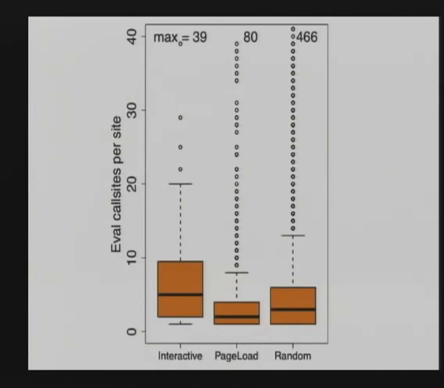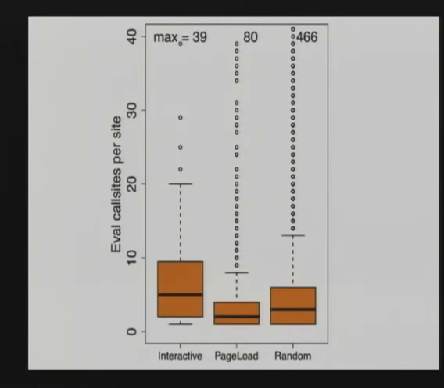And you can see that in the interactive data set, the mean number of eval call sites is around 5, and the maximum is 40. So this is encouraging in the sense that it means that most programs have a few places where they use this unsafe feature, not too many, and potentially we could hope that you could actually validate and test all of these and make sure that they're safe.